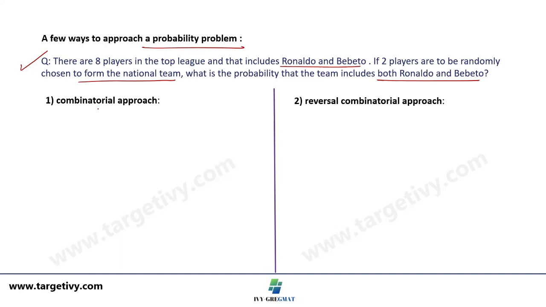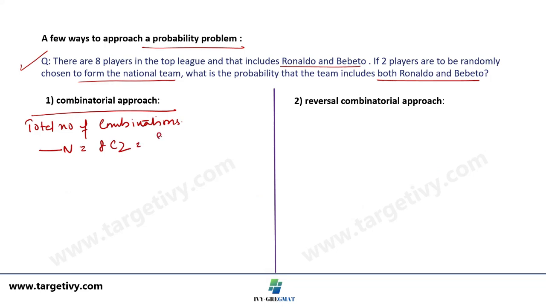So there are multiple approaches. Combinatorial approach, that is using the simple formula: total number of possible committees, or total number of combinations, N is equal to 8C2, which is factorial 8 by factorial 6 multiplied by factorial 2, which is equal to 28.